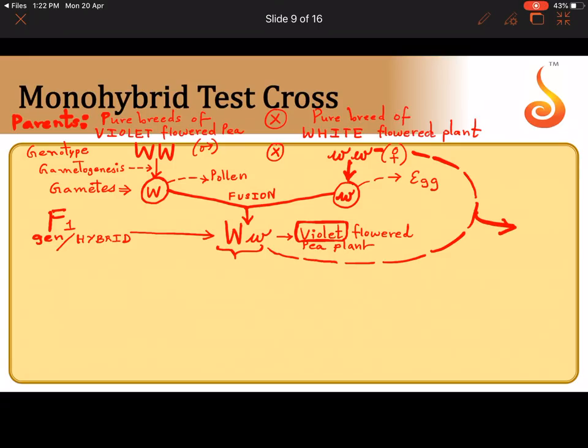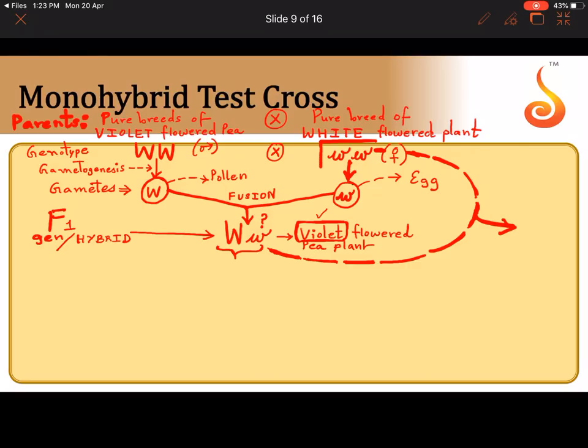So this kind of a cross, what kind of a cross? You are taking the F1 hybrid. What do you know? Phenotype you know. What do you not know? You don't know the genotype. Imagine you don't know the genotype. At the beginning you will not know. So a plant whose phenotype is known, that is expressing a dominant phenotype, whose genotype is not known or is to be determined, is crossed with what parent?